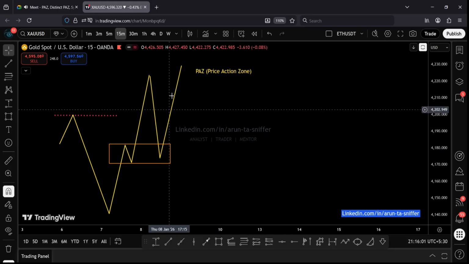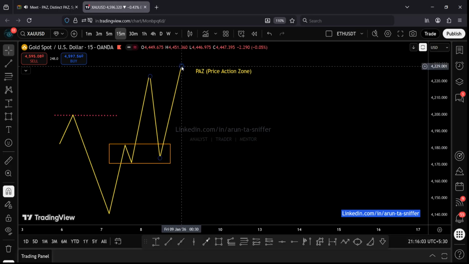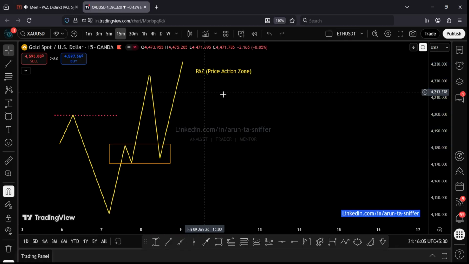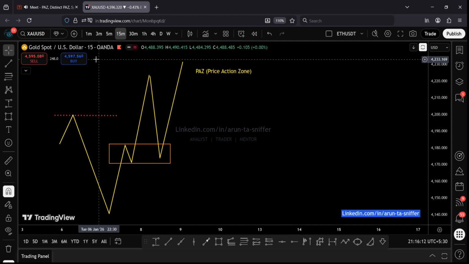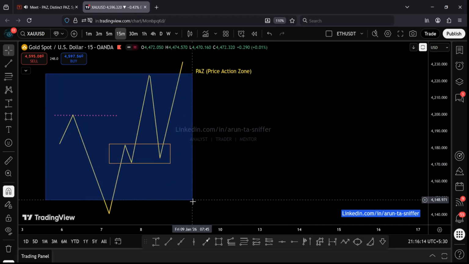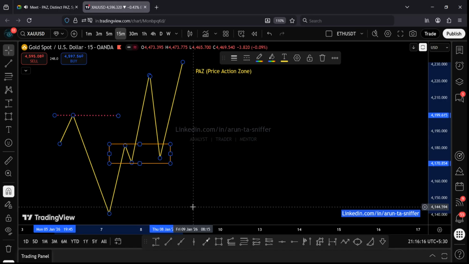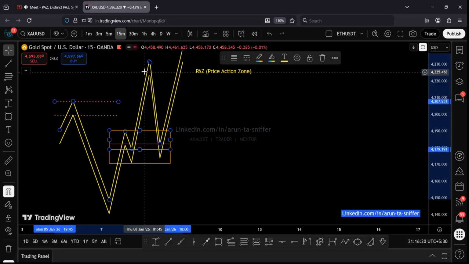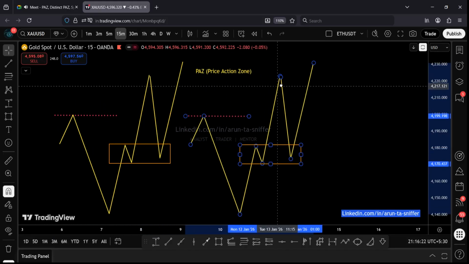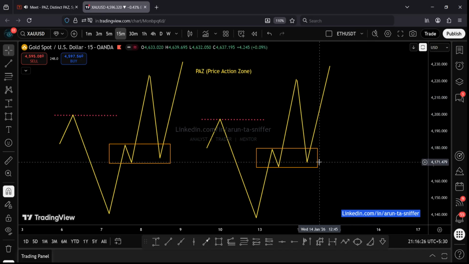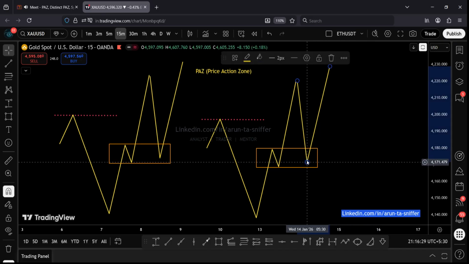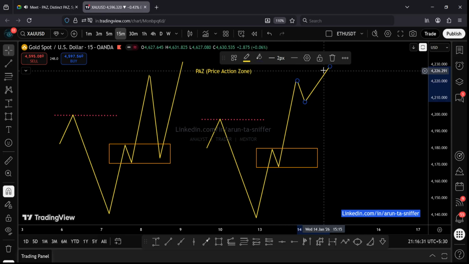So this goes up like this, and second, what can price do? Let's select this. What price can also do is not come back to this.